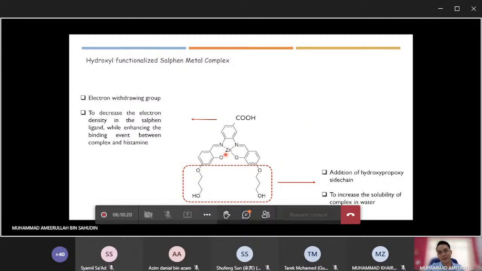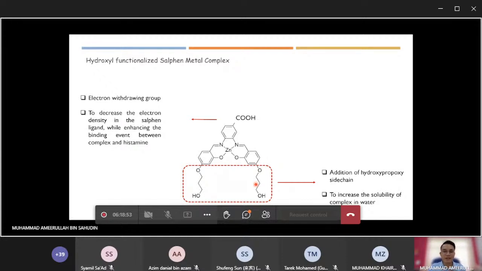Another thing is the addition of the hydroxypropoxy side chain, to increase the solubility of the complex in water. After the compound is synthesized and the structure confirmed, we have to evaluate this sensing material towards our target in solution phase, a binding solution study, before developing it as a solid state sensor.